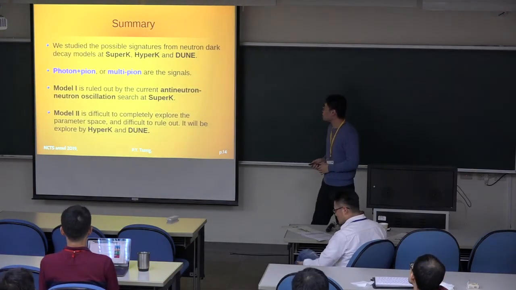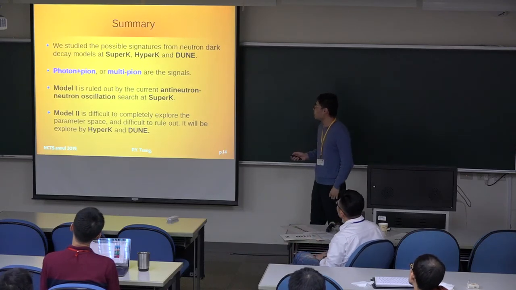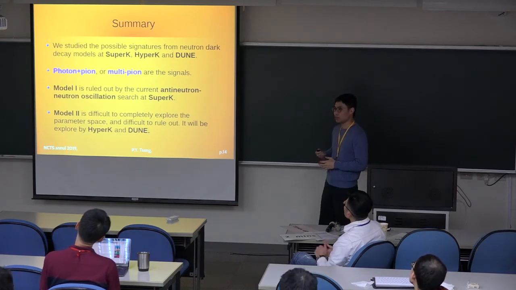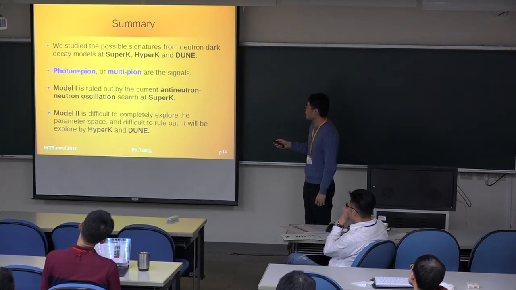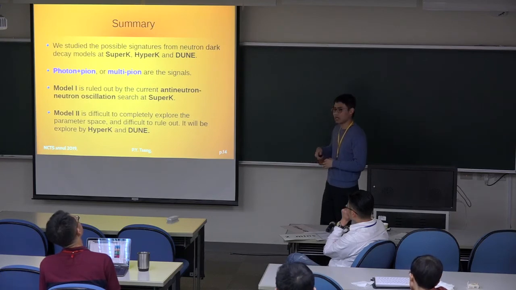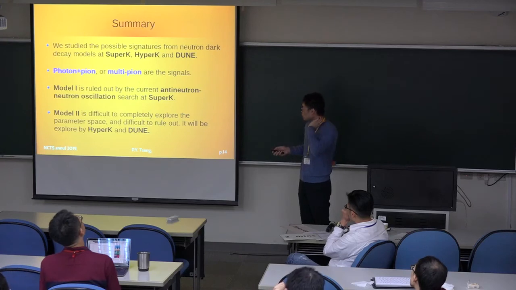So I'll summarize here. We studied the possible signature from the neutron dark decay model, which was originally proposed to solve the neutron lifetime anomaly. And we think Super K, Hyper K, and DUNE will be the ideal environment to search for the signal.